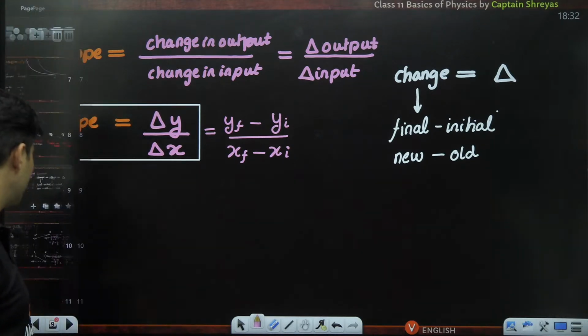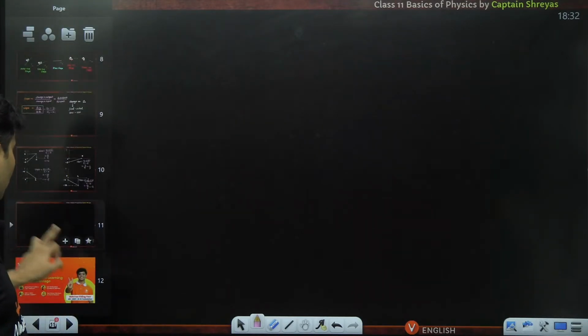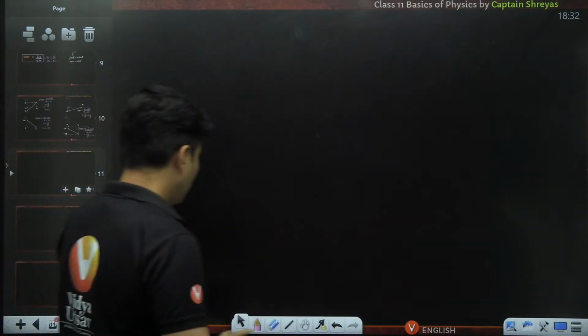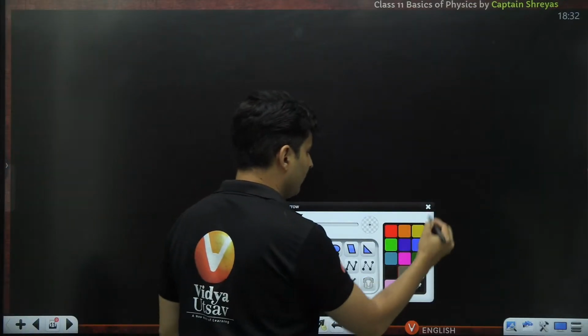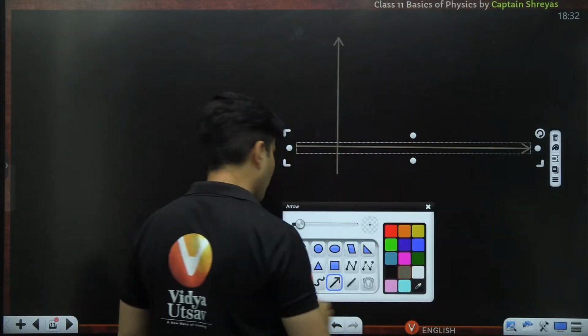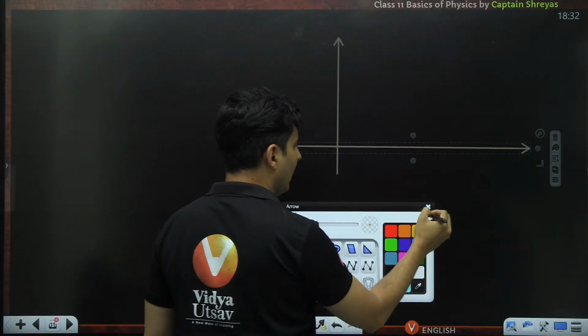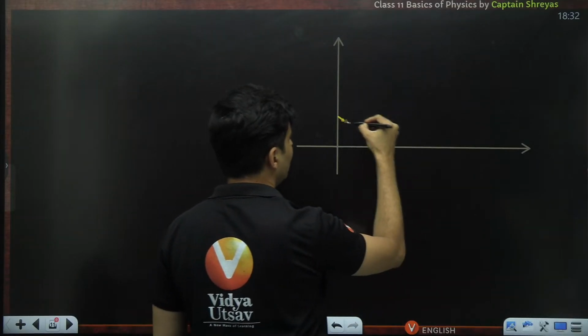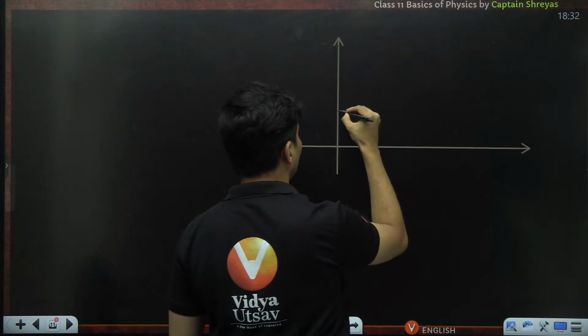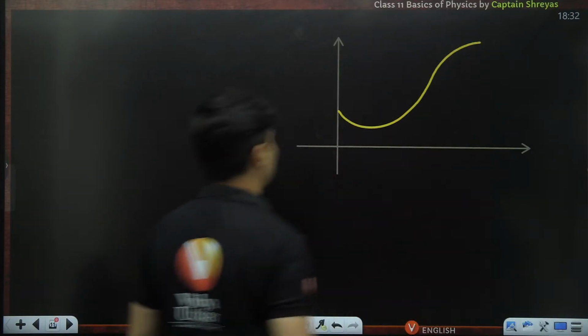Okay, this is good, sir. I understood this much. But sir, I have an issue. What is that issue? Sir, imagine the graph is not a straight line. What if the graph itself is some curve like this?